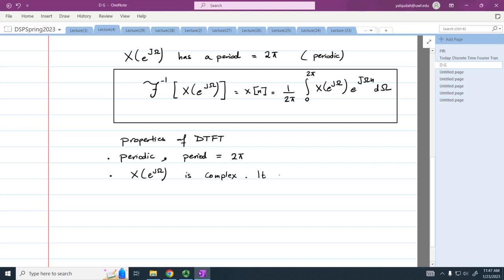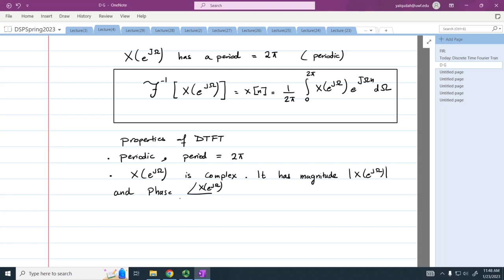It has a magnitude, which we call the magnitude of X of e to the j omega, and it has a phase. Does that make sense, everybody? So when we calculate X of e to the j omega, in general, it's going to be complex, so it has a magnitude and a phase. When we plot them, we plot the magnitude and we plot the phase. So keep that in mind.